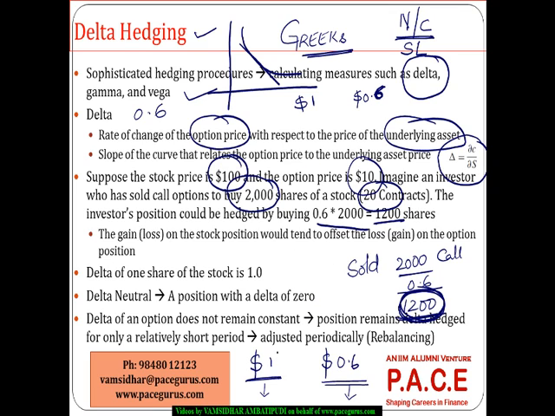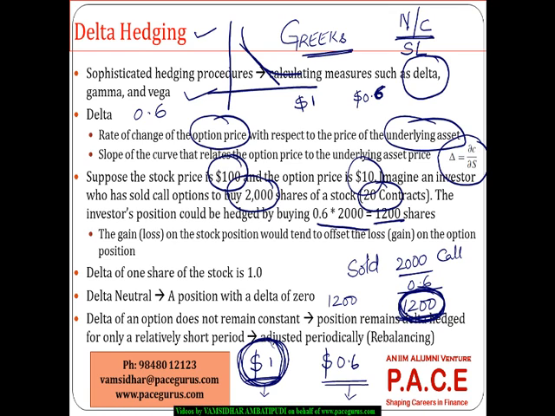Now I'm buying 1200 shares. The delta of a share is 1. Basically, if the call option price has fallen by $0.6, I can say that the stock price will fall by $1.